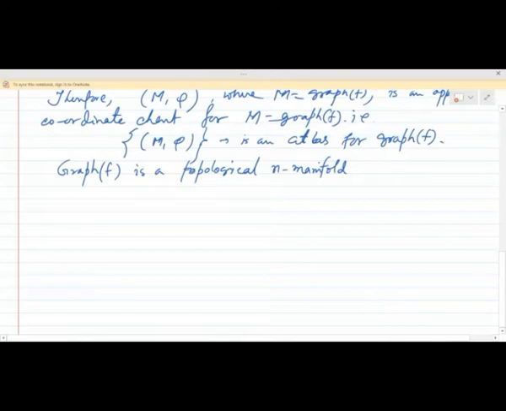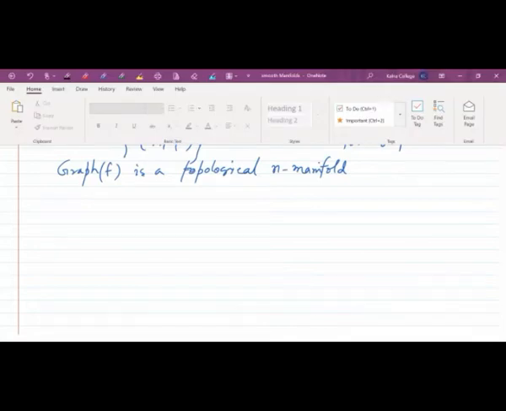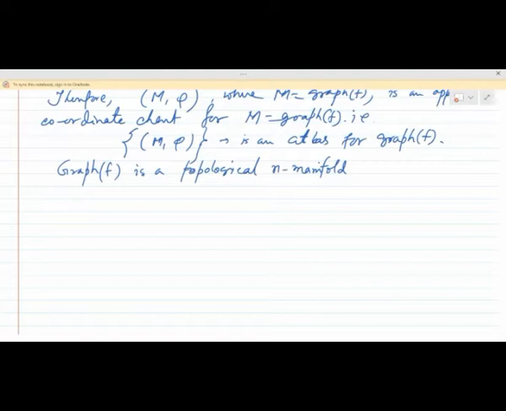The next example is also very important in the course of manifolds, in the discussion of algebraic topology and in the discussion of projective geometry.